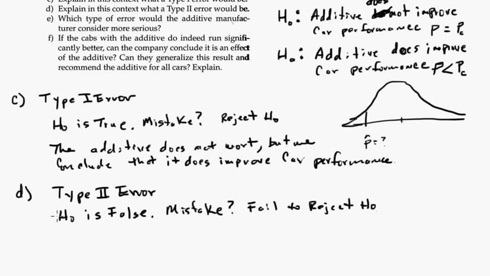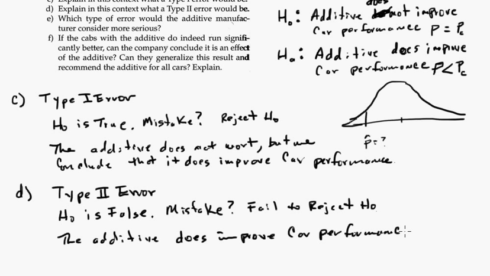Alright, so let's think back. Now let's put it in context. So what we're saying is the additive does work, does improve performance, yet we conclude that it does not.